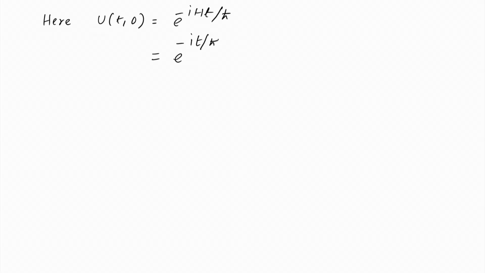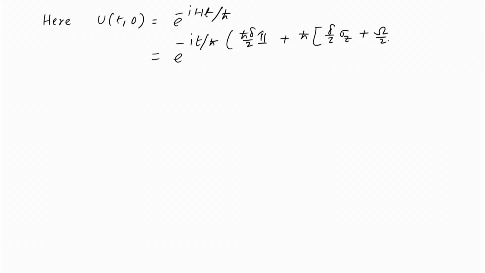U(t, 0) is equal to exponential of minus i H t by h cross, and so this of course means that if we take this Hamiltonian written in terms of the Pauli matrices, so this is t over h cross, and there is h cross delta by 2 sigma z plus omega by 2 sigma x and so on.